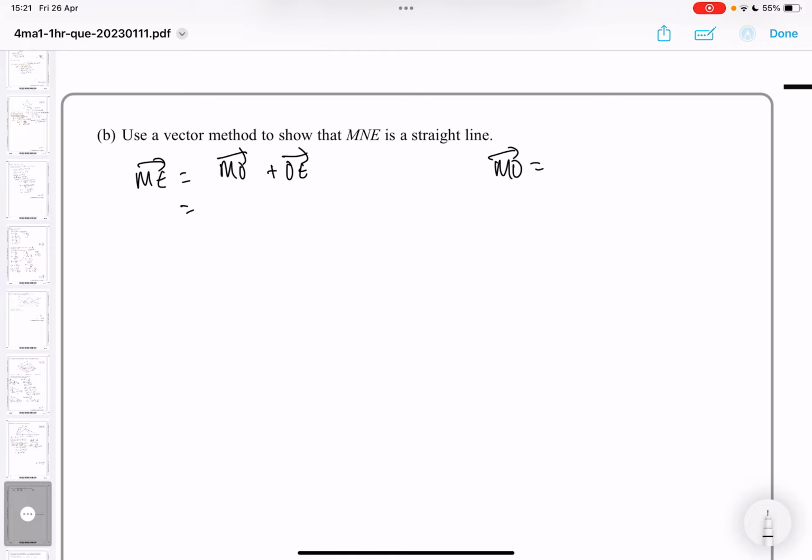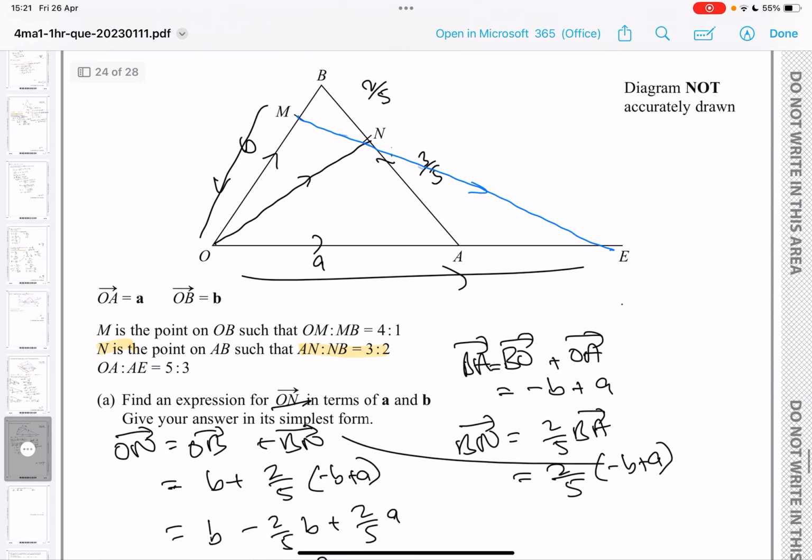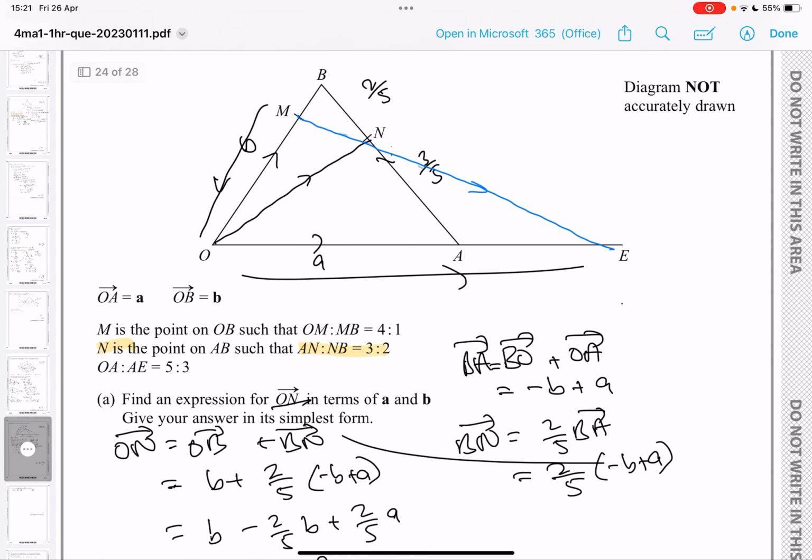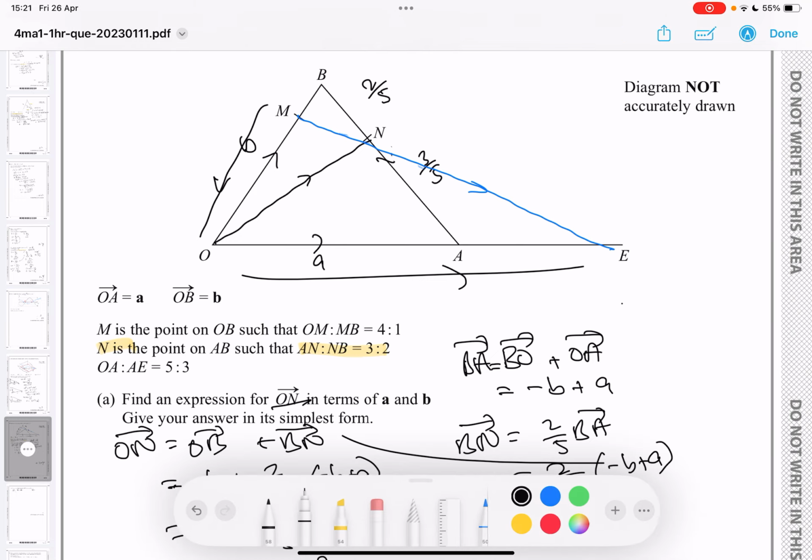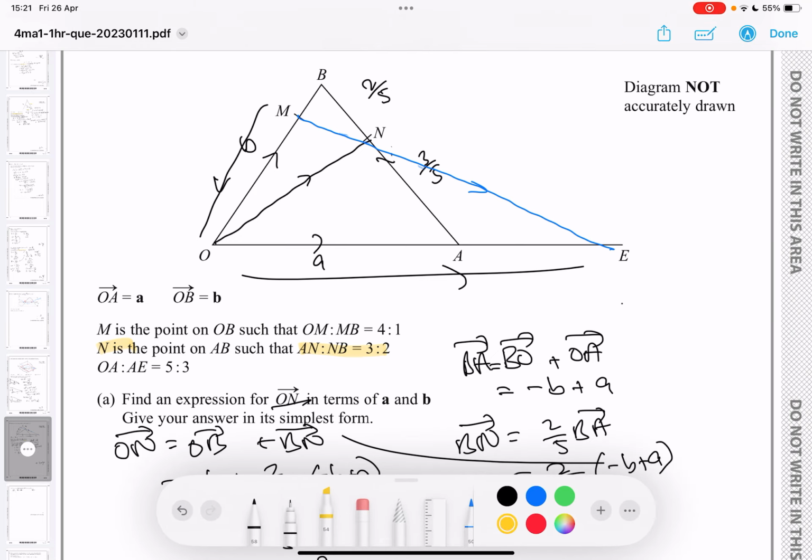So here, the question tells us that M is the point on OB such that OM to MB is 4 to 1. So they split that up into 4 to 1, so that this is 4/5 and that is 1/5, okay?